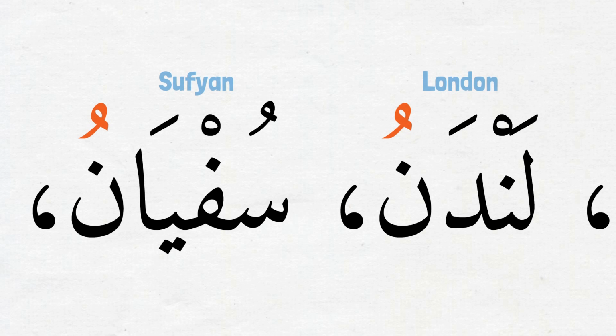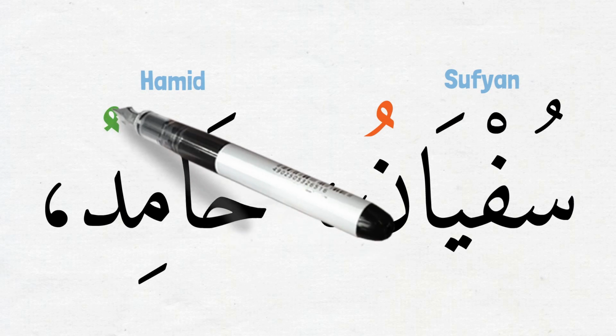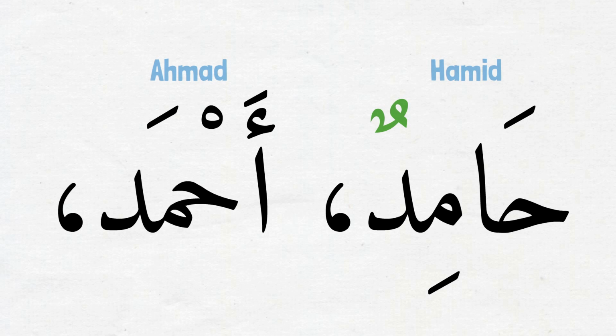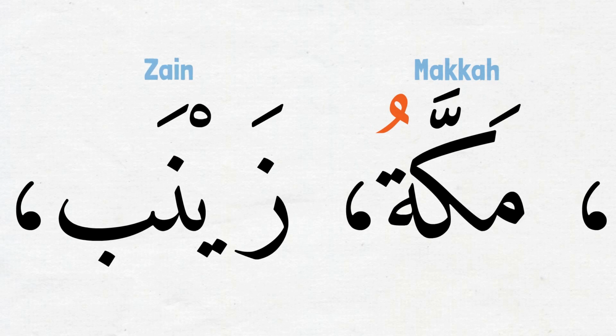It is a masculine proper noun ending with alif and noon. حامد, it is a regular TRIPTOTE noun with TANWEEN ending. أحمد, أحمد is a diptote, as it is a proper noun on أفعل pattern. إبراهيم, it is a diptote ism because it is a non-Arabic proper noun. مكة, it is a diptote because it is feminine proper noun. زينب, it is also a diptote because it is a feminine proper noun.